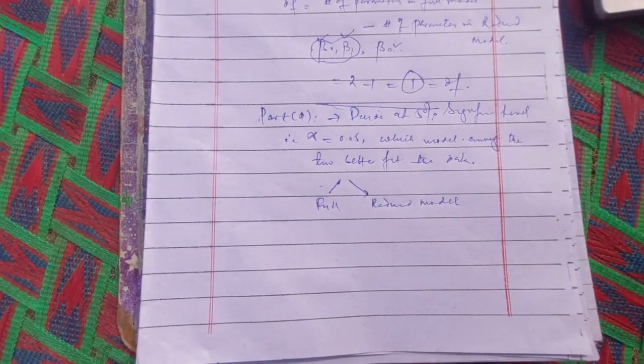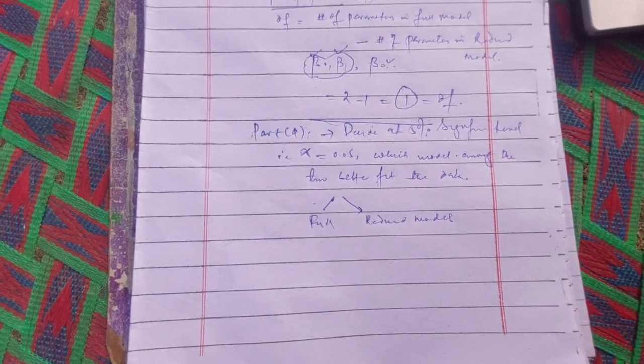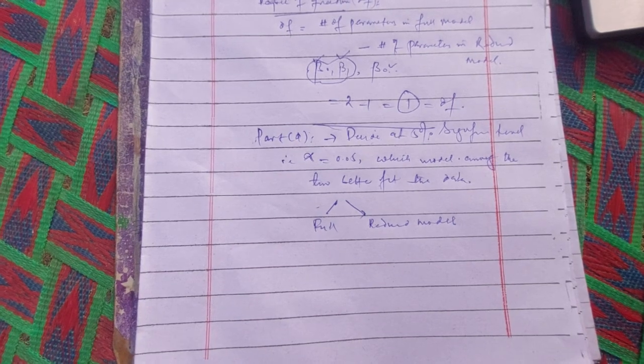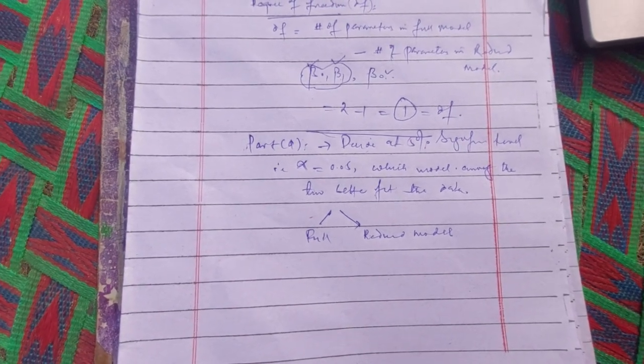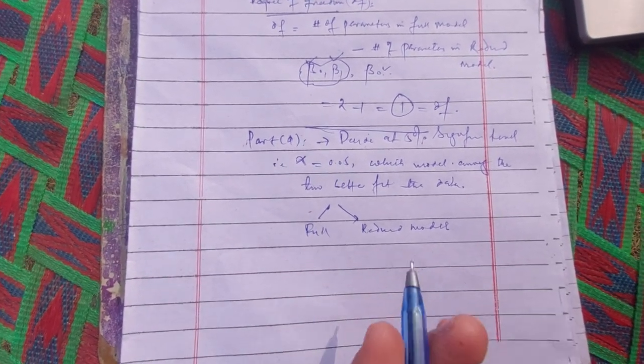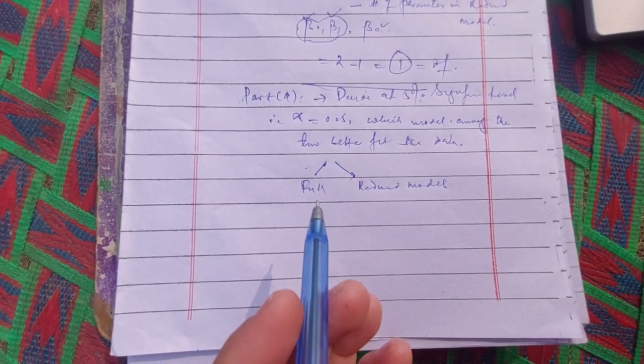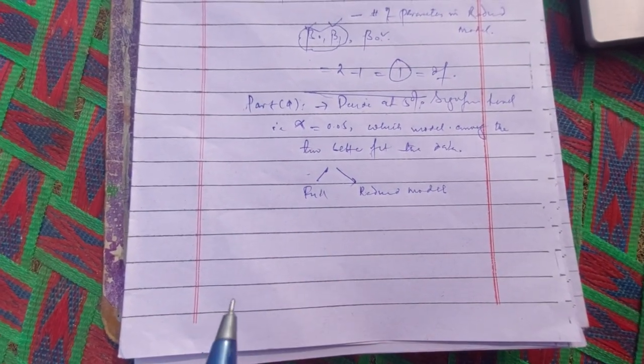So how can we do it? We can use the chi-square table to conclude it. The conclusion will be based on the chi-square statistic score.